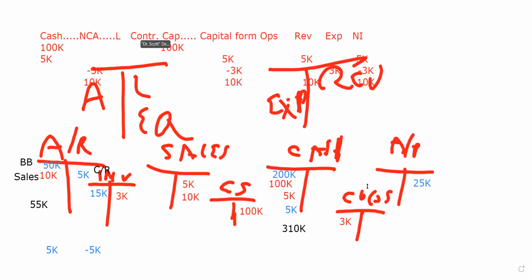So all I'm saying is, with these T accounts and the relationships they show, my accounts payable is going to show me my beginning balance. It's also going to show me my purchases.